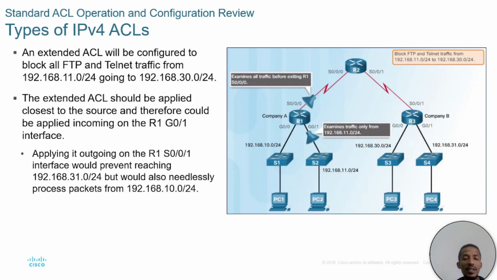In the case of extended, now assume that you are going to send a message from this one to this one based on the provided IP address. We're going from here to here, so this is the source, this is the destination.